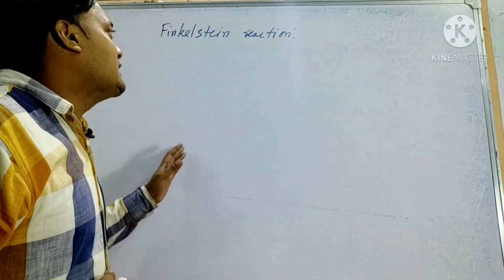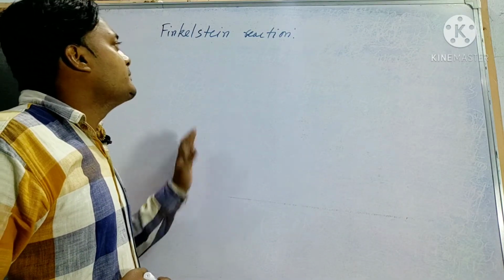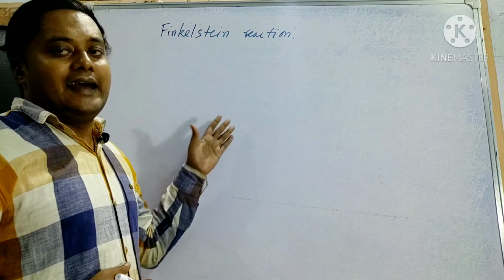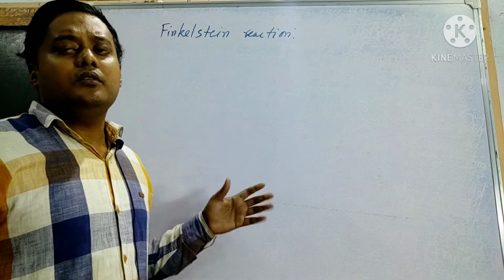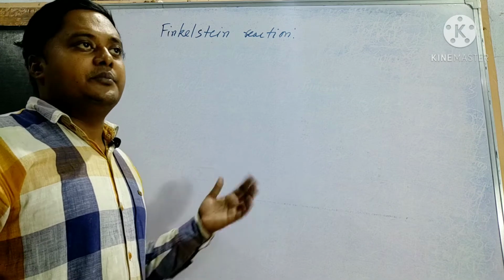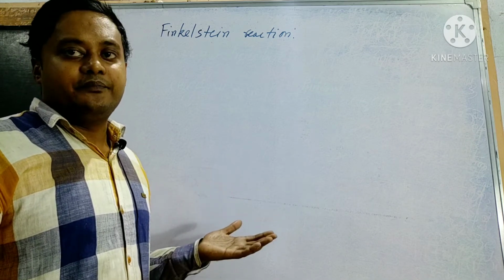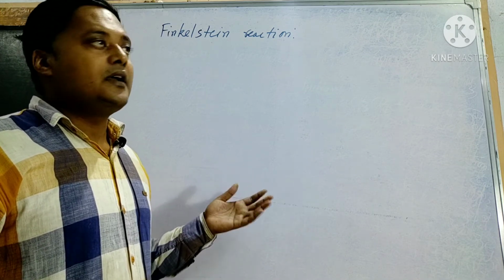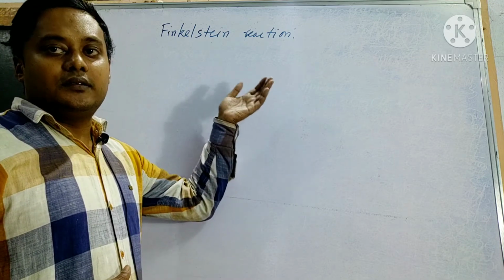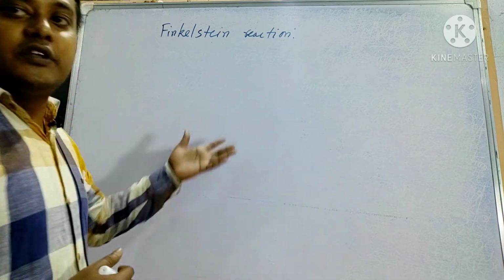In Finkelstein reaction, alkyl halide is converted to alkyl iodide in presence of sodium iodide, NaI, that is the reagent, and the medium is acetone, and you have to reflux.